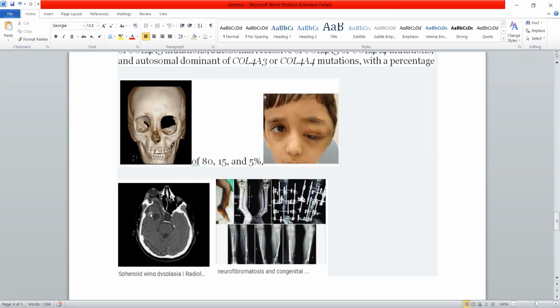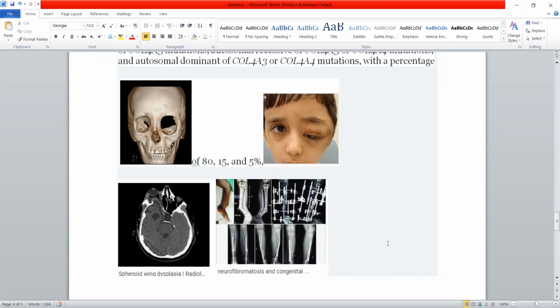And you can see on this radiology, a CT scan of the brain, you can see this white structure is sphenoid bone, but on this side there is no sphenoid bone, and this brain has herniated into the orbit. So sphenoid wing dysplasia is another criteria.